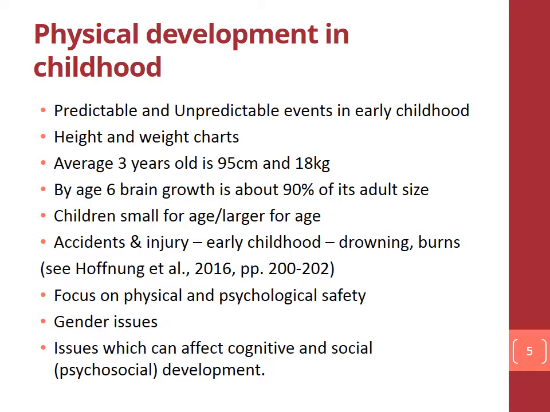Children who are significantly larger or significantly smaller than average experience a number of related effects. For example, the expectation of a larger child is often that they are more cognitively advanced than they really are and more capable than their actual maturation.